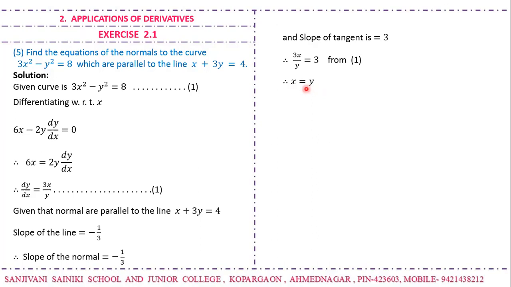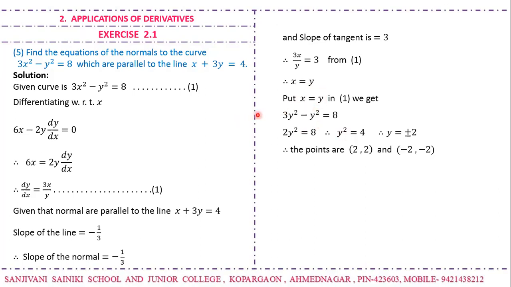So the point at which we want to find the normals has x coordinate equal to y coordinate. We put that in the given equation and we will get 2 points. y is equal to plus or minus 2. But we know that x is equal to y, so we get the coordinates (2, 2) or (minus 2, minus 2).